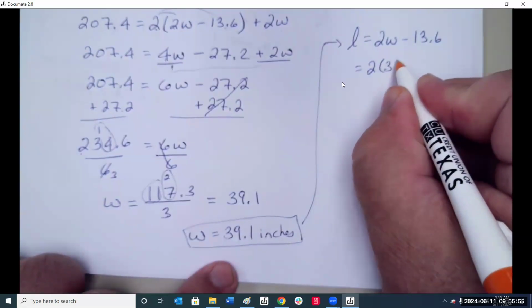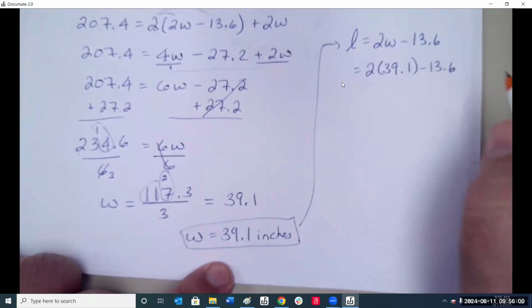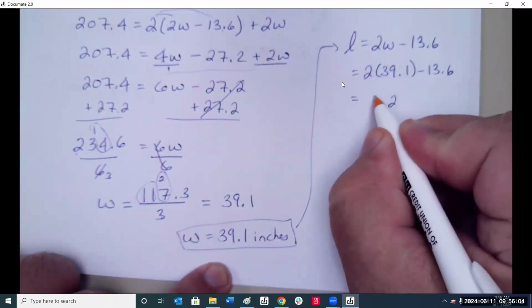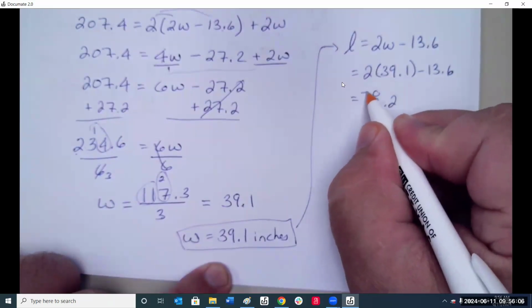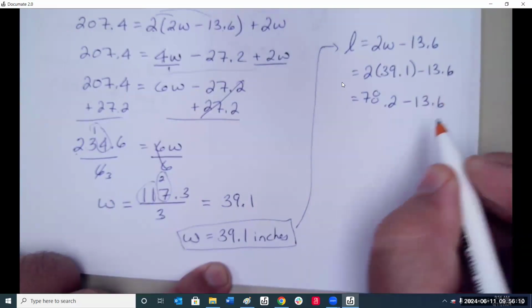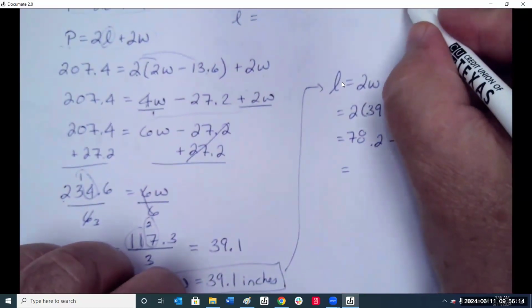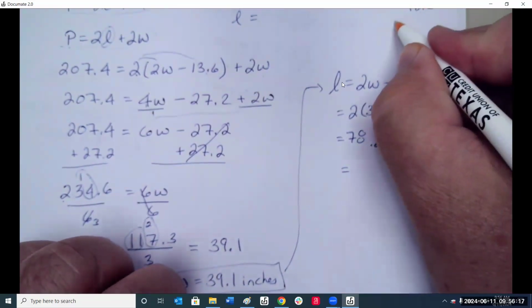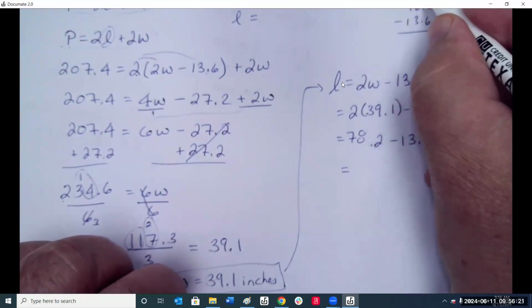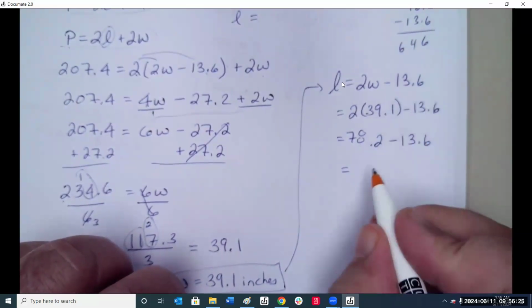W is 39.1. 78.2 minus 13.6. 78.2 minus 13.6. 12 minus 6 is 6. 4.